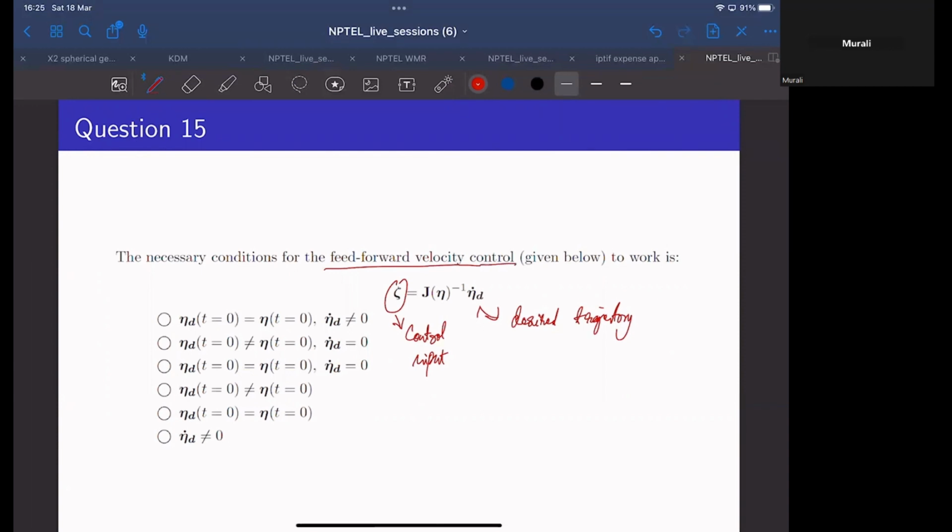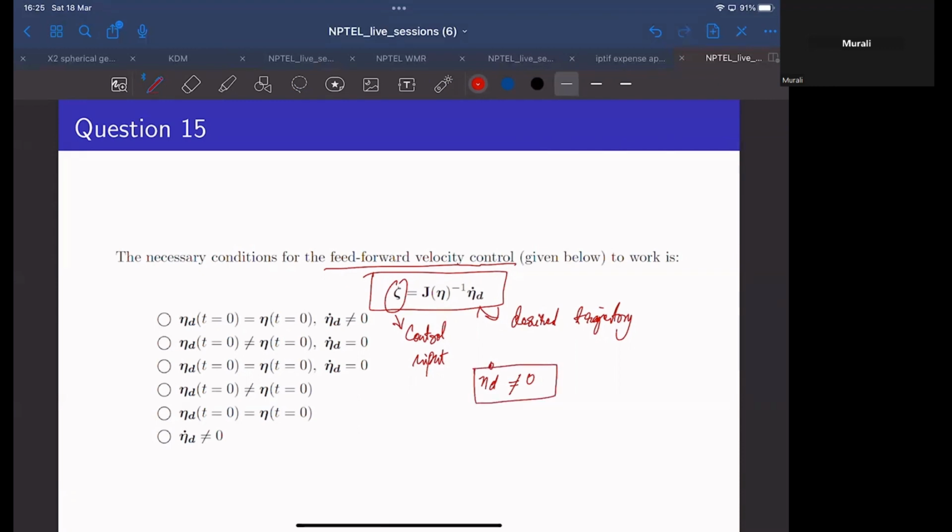So imagine what will happen if eta desired dot is 0. If eta desired dot is 0, then this entire term would go to 0, right? That entire term goes to 0. We'll always have 0 control input. So in that regard, eta desired dot cannot be 0, because if it goes to 0, we'll always have 0 control. Okay. Eta desired dot cannot be 0.